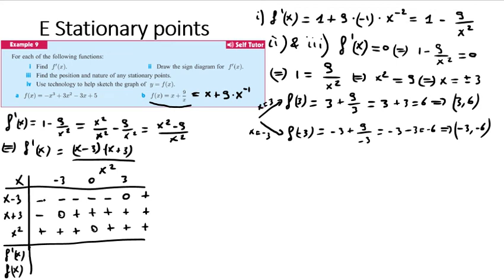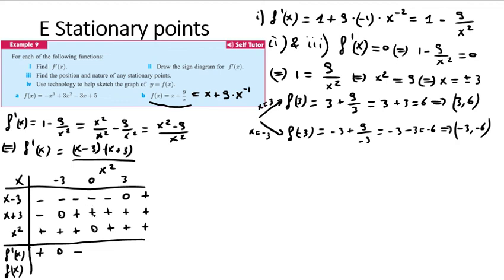Here we do a negative number times a negative number which is positive, divided by a positive number is positive. Here we do a negative number times a 0, which is 0, divided by a positive number is still 0. Here a negative number times a positive number is negative, divided by a positive number is negative.